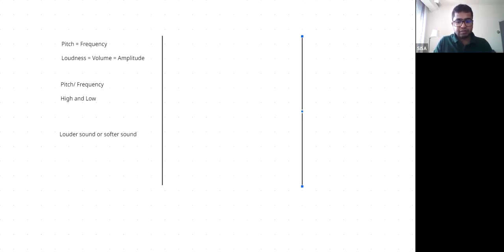When it comes to pitch or frequency, we always make the vibrating column or the vibrating length smaller for higher frequency or higher pitch, right?